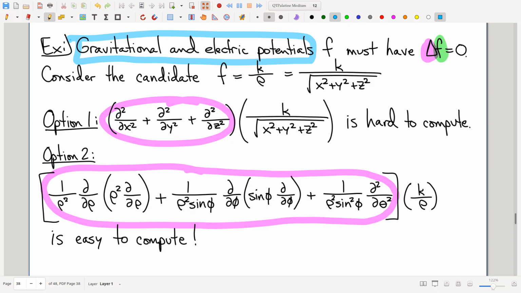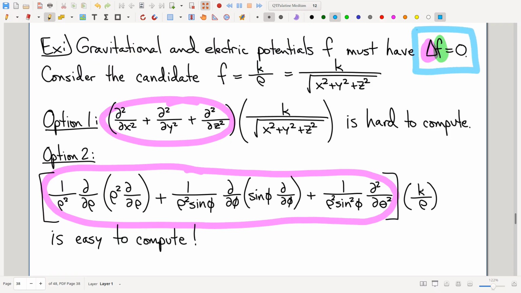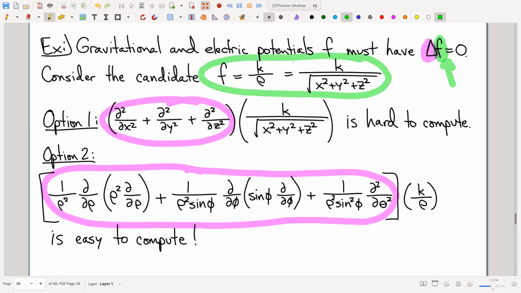Electric potentials, for example, obey Laplace's equation. So we would have to take any candidate, anything that we think might possibly be a solution to this equation. For example, this, and by the way, this is one of the solutions.